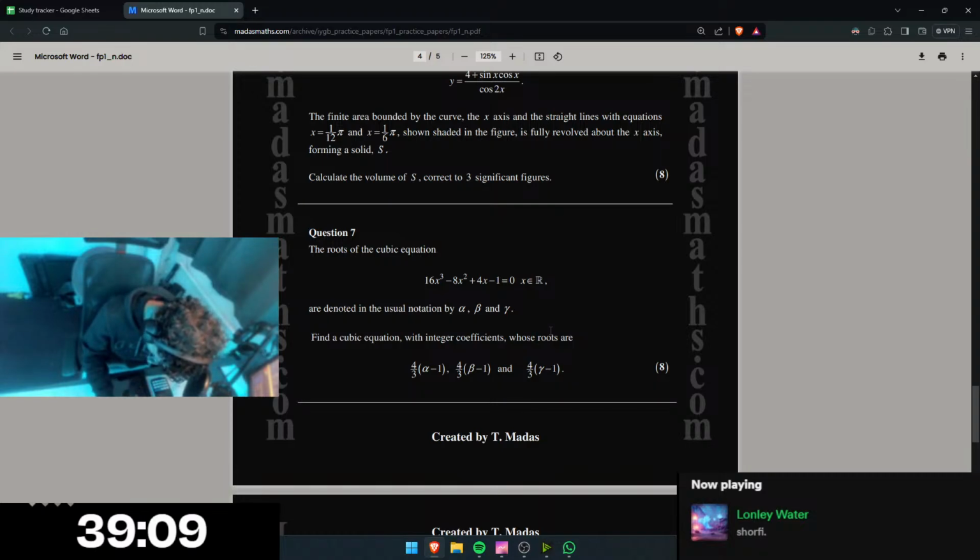I might as well just expand these, there's some ugly brackets to expand.